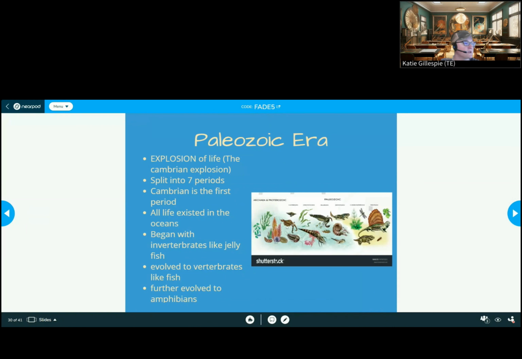And I love this picture right here because it really shows you, it's almost like they just walked out of the water, right? Of course, this happened over millions of years. But as food sources became available, the plant life started to develop on continents. Then, of course, organisms like amphibians began moving out of the water and onto land. And you can see how the plant life evolved here.